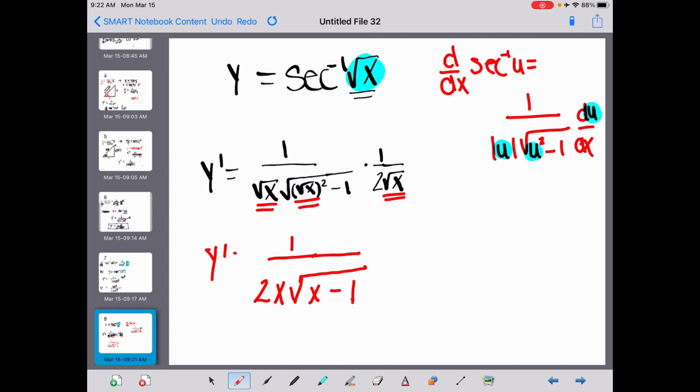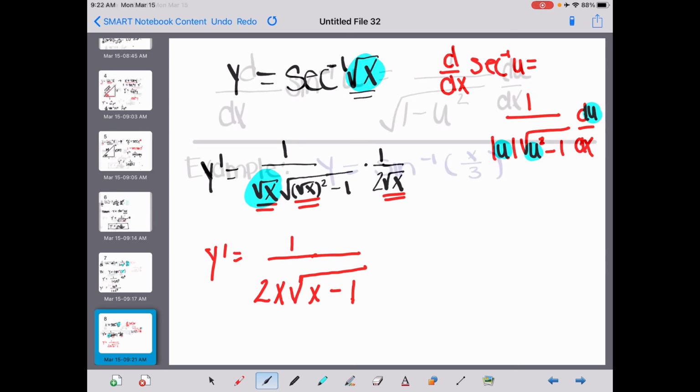And that's your final answer. No need for absolute value here. You have your x within a square root, so the inside cannot be negative, and there's no need to put an absolute value there, okay?